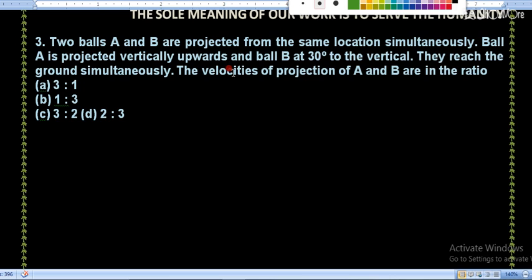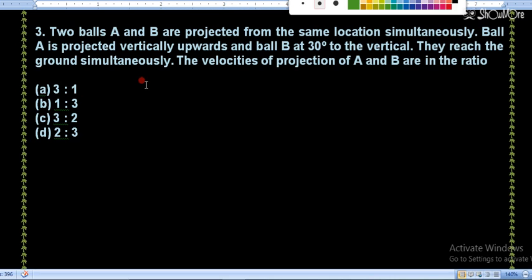They reach the ground simultaneously. The velocity of projection of A and B will be in the ratio. So students, first of all, you have to understand which value will be the same for these two balls. First of all, understand the question.